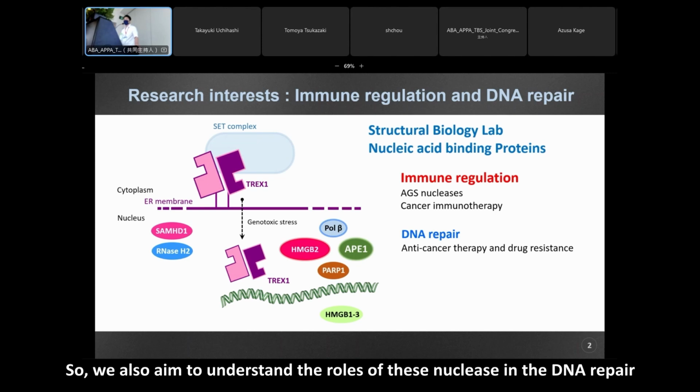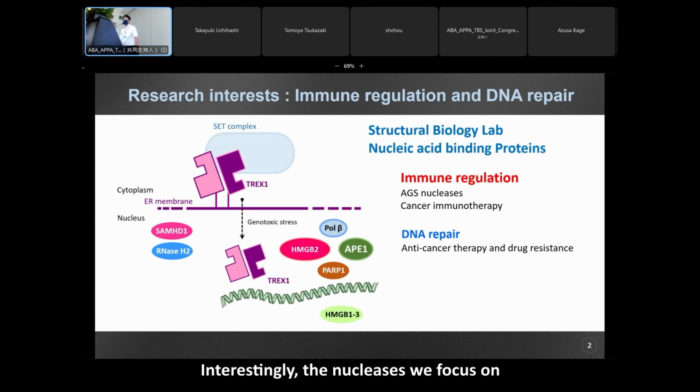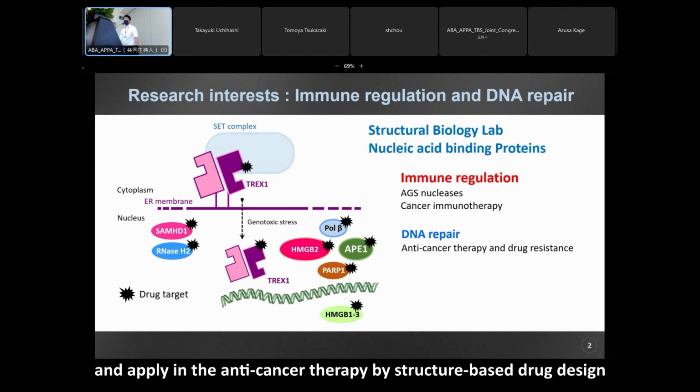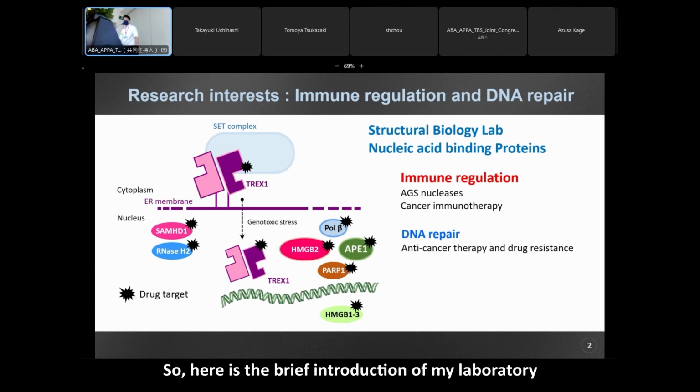So we also aim to understand the role of those nucleases in DNA repair. Interestingly, the nucleases we focus on are also drug targets. So we also aim to develop their inhibitors and apply them in anti-cancer therapy by structure-based drug design. So here is the brief introduction of my laboratory.